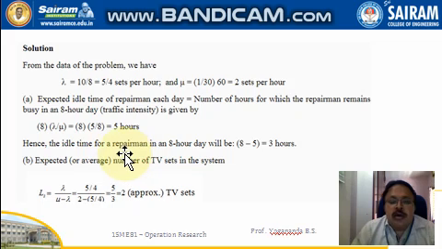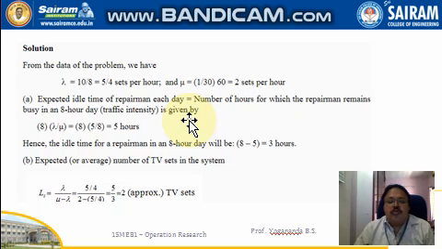So it is the utilization factor, that is lambda by mu into number of hours. The utilization factor is 5 by 8. We have lambda as 5 by 4, divided by mu, that is 2 sets per hour.